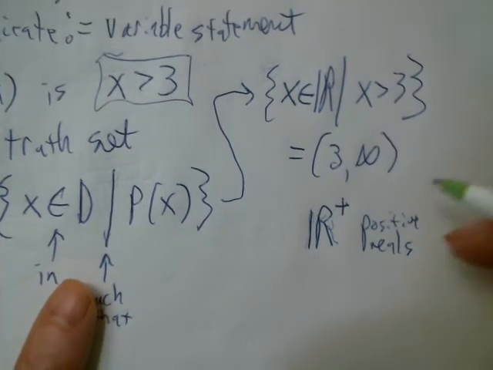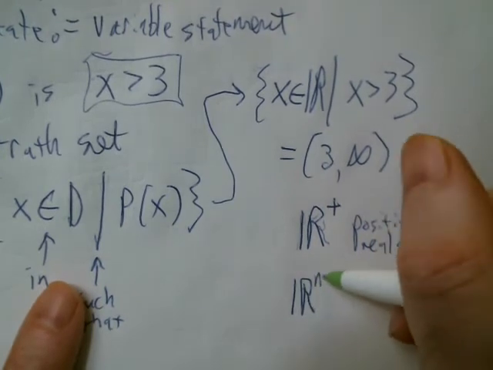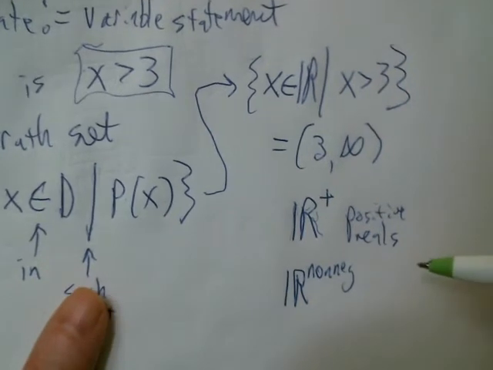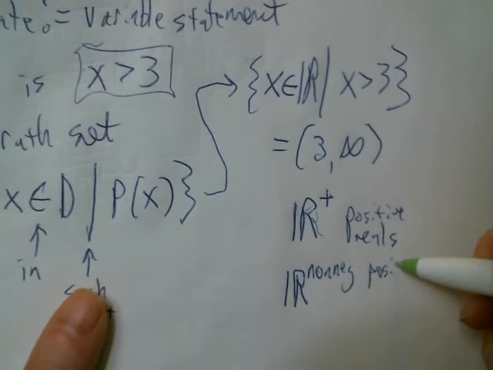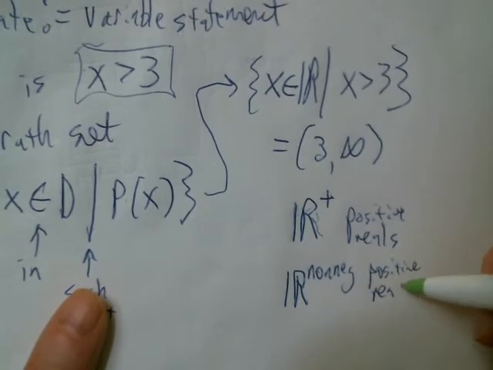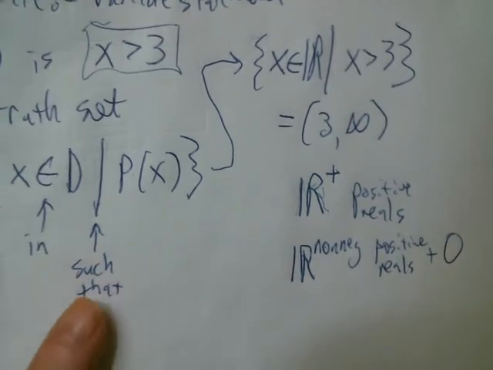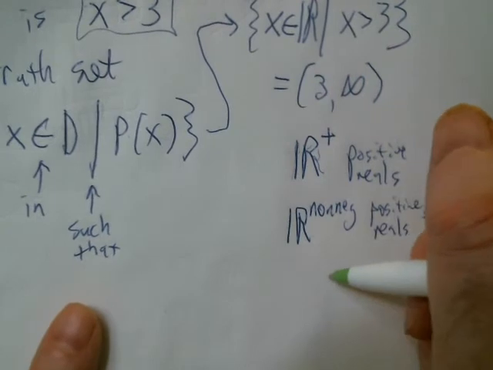Okay, so 0 is neither positive nor negative. So if you do need to include 0, this book writes non-negative up in the exponent like that. So this is positive reals plus 0. Okay, I never see that notation, but our book uses it.